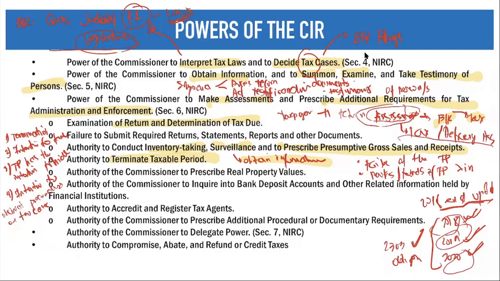Another power of the CIR, authority of the CIR to prescribe real property values. What is this real property values again? You know this one as your zonal values. If you still remember, the zonal value is the value set aside by your CIR as to the value of your zones or your properties. I don't know if you happen to notice that the Philippines or your different cities are divided into certain zones.